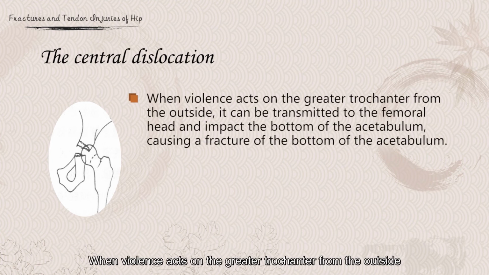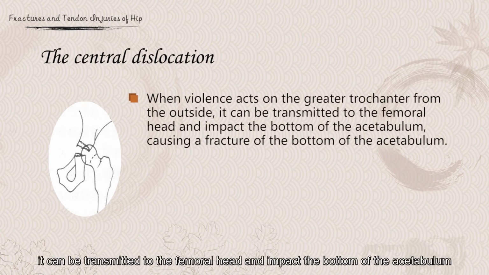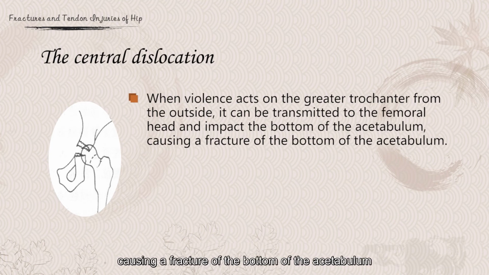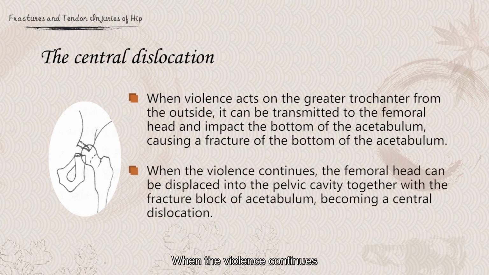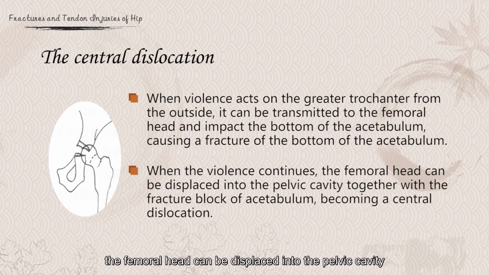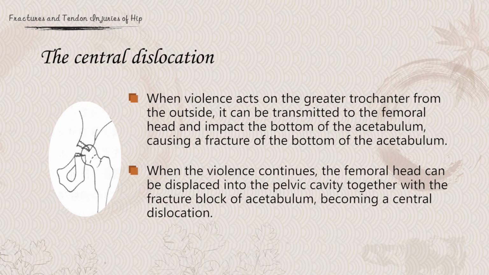Thirdly, the central dislocation. When violence acts on the greater trochanter from the outside, it can be transmitted to the femoral head and impact the bottom of the acetabulum, causing a fracture of the bottom of the acetabulum. When the violence continues, the femoral head can be displaced into the pelvic cavity together with the fracture block of the acetabulum, becoming a central dislocation.